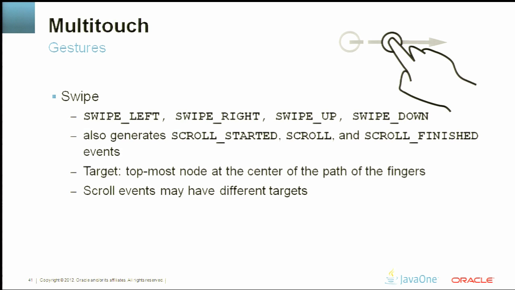But what is important here is that the scroll events may have a different target, because the target for the swipe event is the object which is at the center of the whole gesture, while the target for the scroll events is the one which is selected at the beginning.